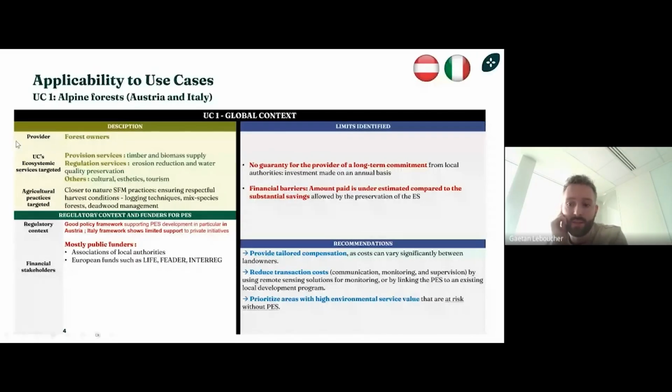As a recommendation, maybe it would be interesting to provide tailored compensation solutions, reduce transaction costs and prioritize high environmental service value, just to be sure the PES is focused on the areas where it is the most efficient.